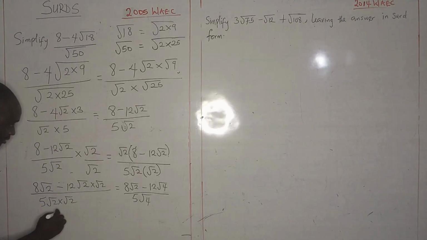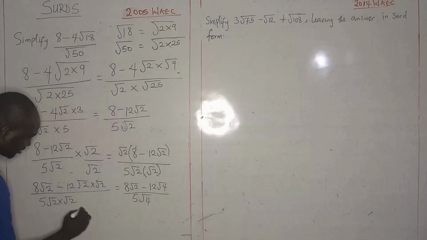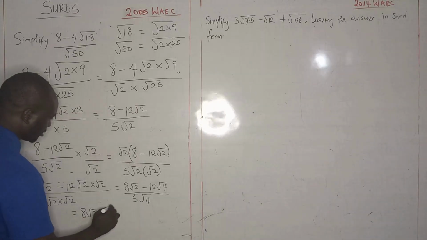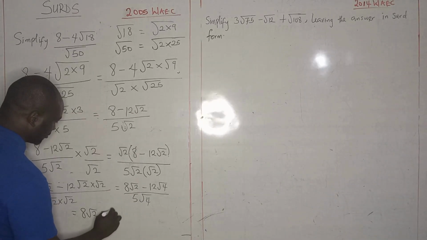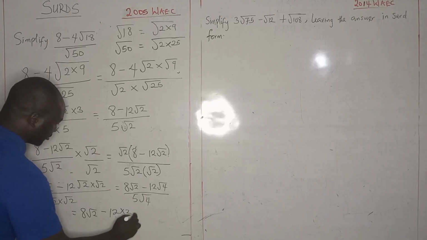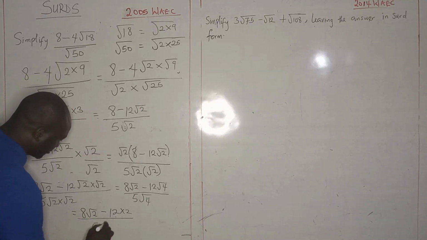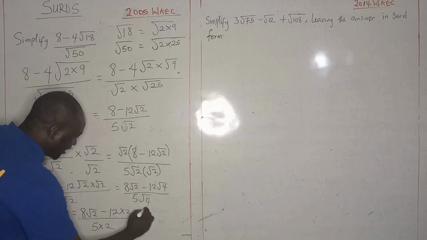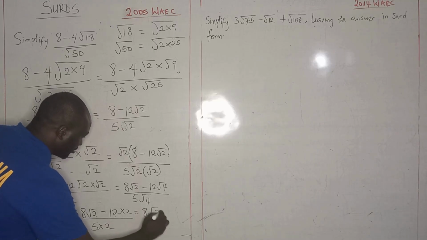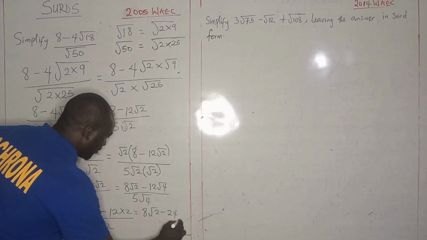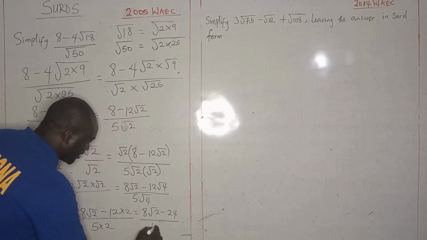Now, this will be what? 8 root 2 minus, root 4 will be 2, 12 times 2 over 5 times 2, which is 8 root 2 minus 24 over 10.